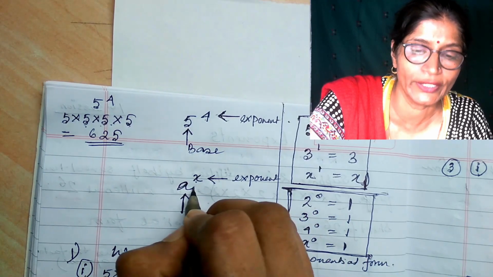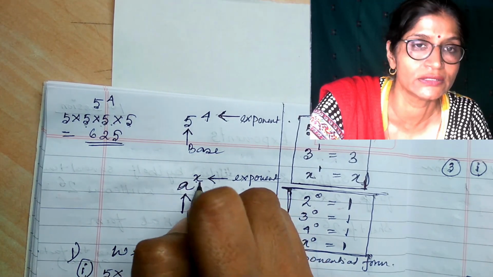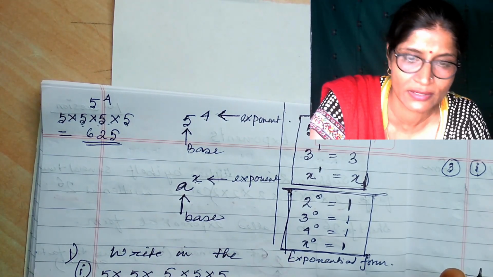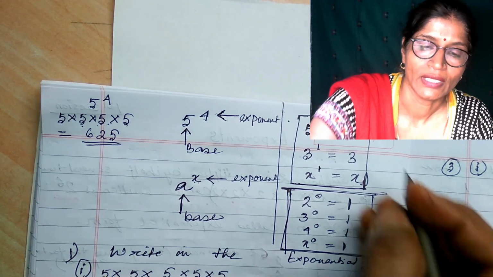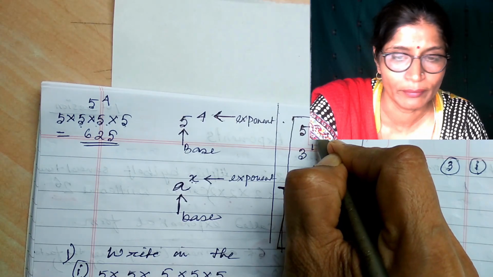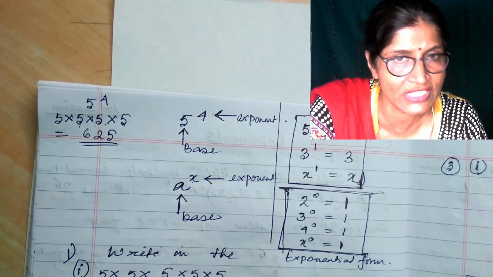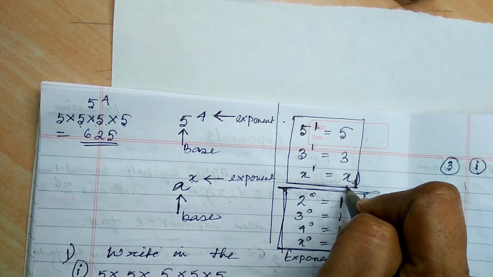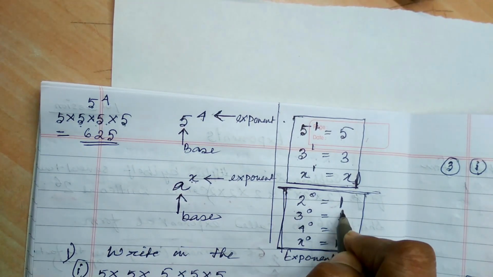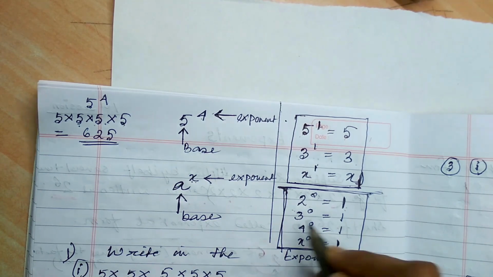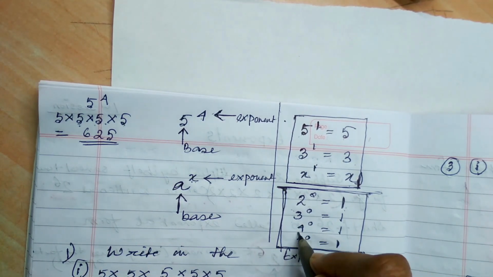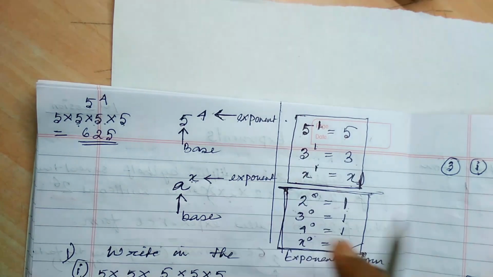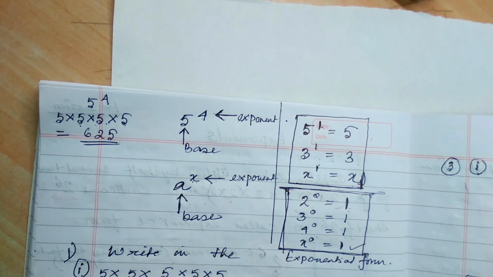If x is 6, then a is multiplied 6 times. Anything to the power 1 is just itself: 5 to the power 1 is 5, 3 to the power 1 is 3, x to the power 1 is x. Anything to the power 0 is 1: 2 to the power 0 is 1, 3 to the power 0 is 1, 4 to the power 0 is 1, x to the power 0 is also 1. Why it is this, I'll explain later on.